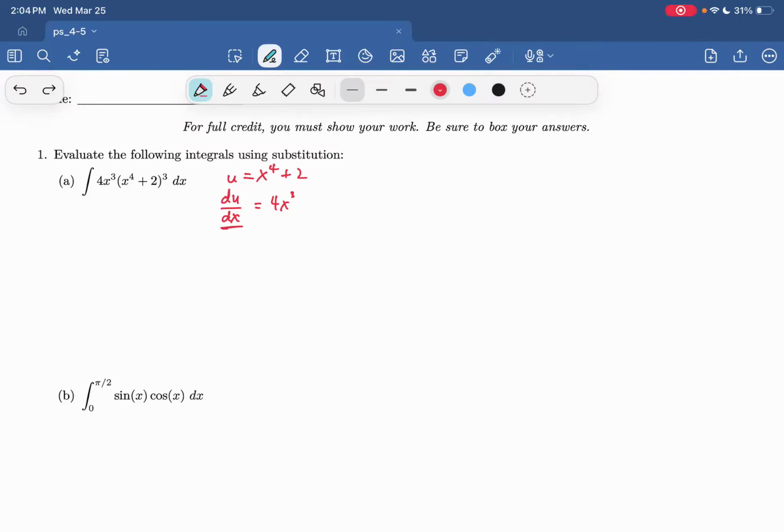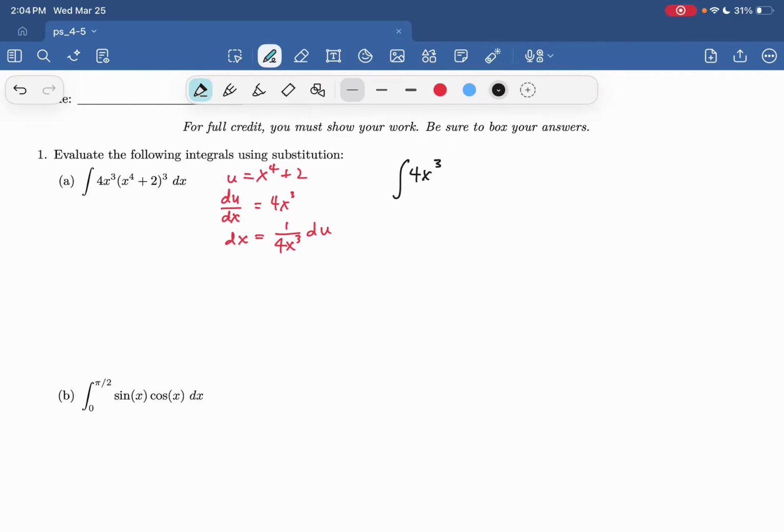If we try to figure out what dx is here, that's the next step, right? We'll find that dx equals 1 over 4x cubed du. And then if we substitute all of this into our original integral, we'll get the integral of 4x cubed, then x to the fourth plus 2 is u.